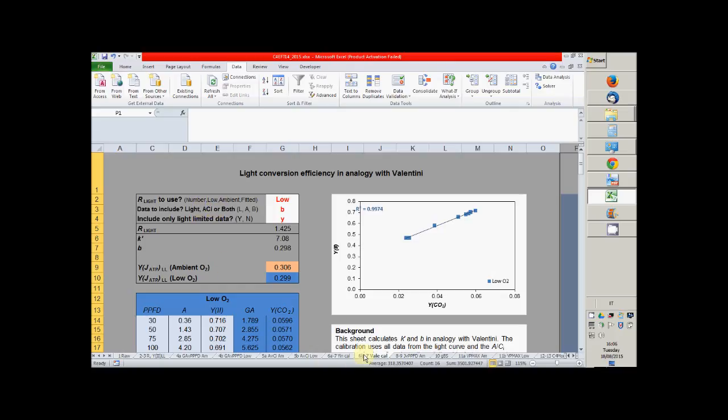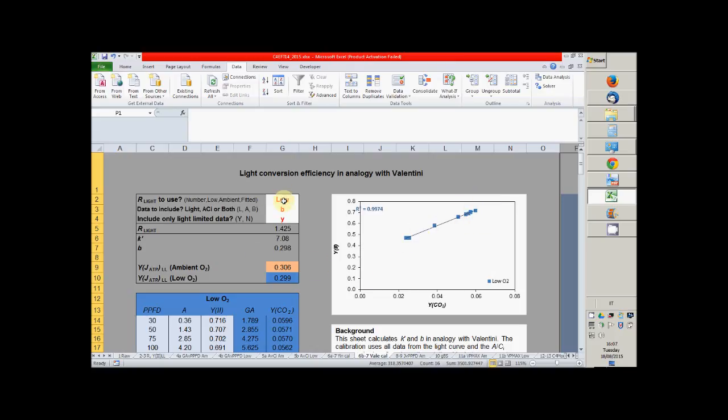Sheet 6b7 calculates the light conversion efficiency parameters in analogy to the derivation of Valentini. Briefly, YCO2 is plotted against Y2 and a linear regression is fitted.